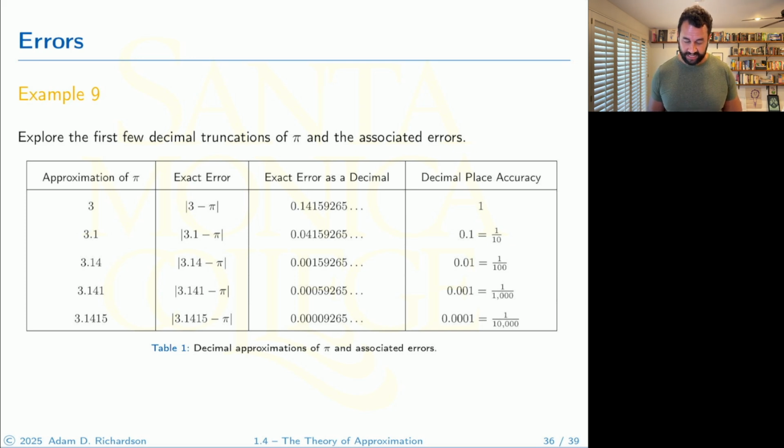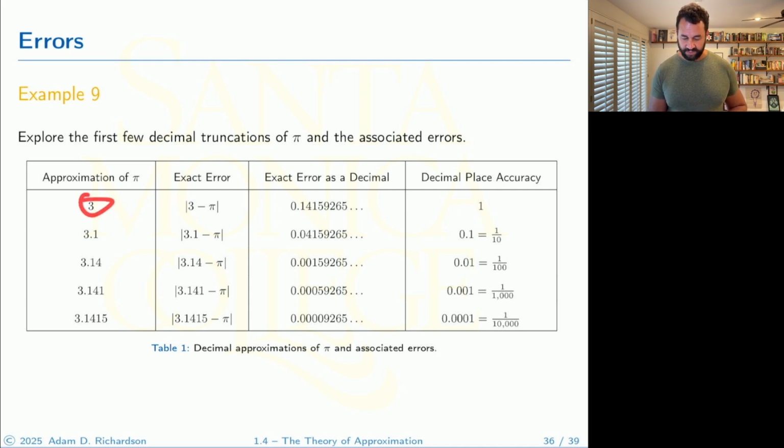So here I put it all in a table. Here is the approximation of pi that we're using. This represents the exact error. And I'm being stern about that word. This is the exact error. If you wanted a symbolic representation of what the error between this and pi is, it is this number. Whatever that number is, that's what it is. Here it is as a decimal. And then this is the decimal place accuracy that we have.